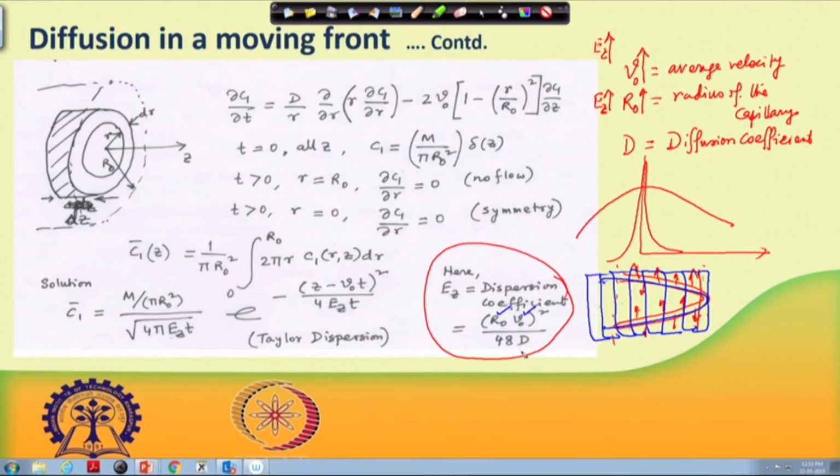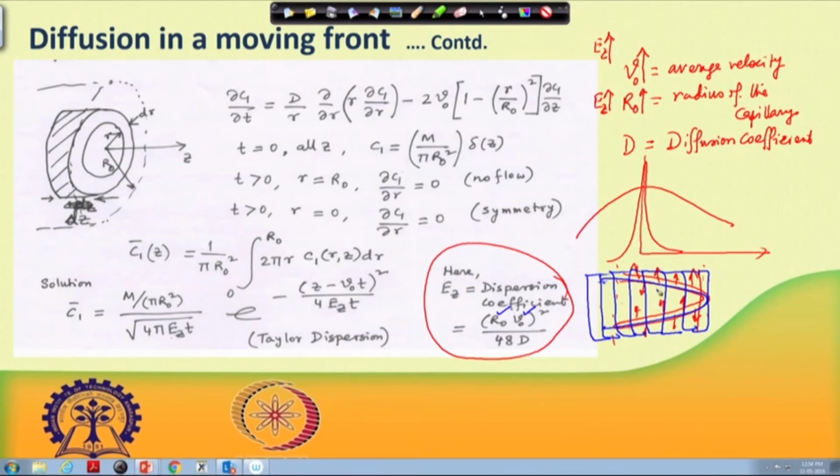And diffusivity is now the inverse function. You can see this Ez is inversely dependent on the diffusion coefficient. What that means is that when the diffusion coefficient D is higher, the tailored dispersion coefficient is lower.